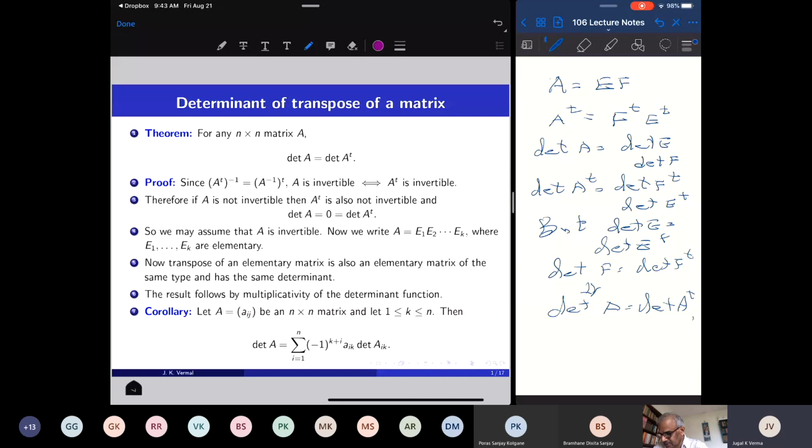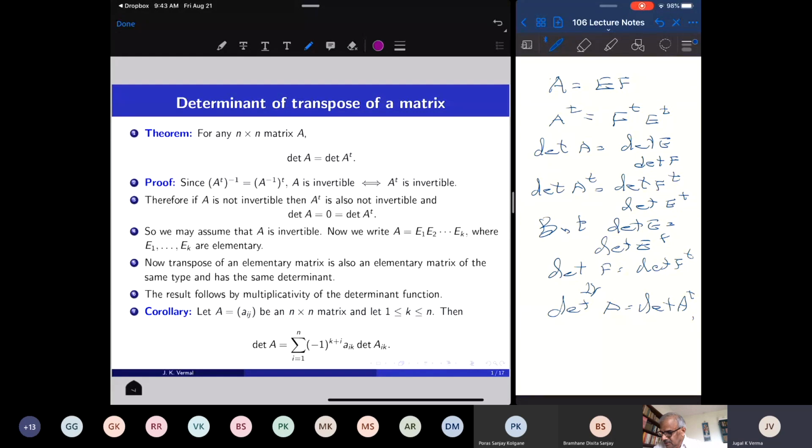We proved that it was a determinant function, but determinant of A is determinant of A transpose. So therefore, if we expand by rows, that is same as expanding by columns of A transpose. So therefore, we can use the first column of the matrix to write determinant of A, and we will arrive at the same formula.